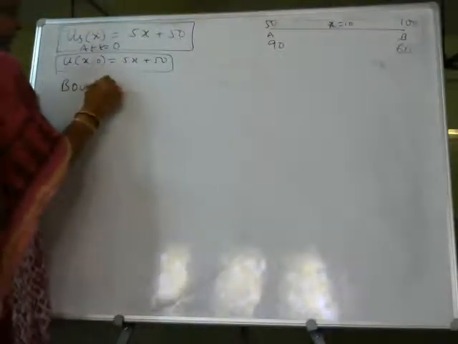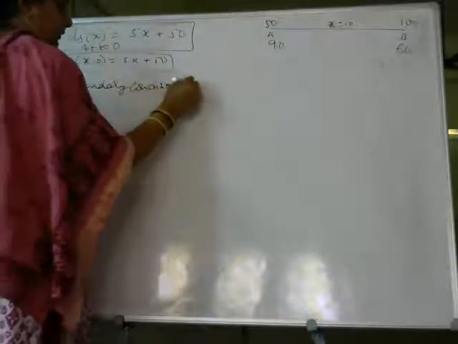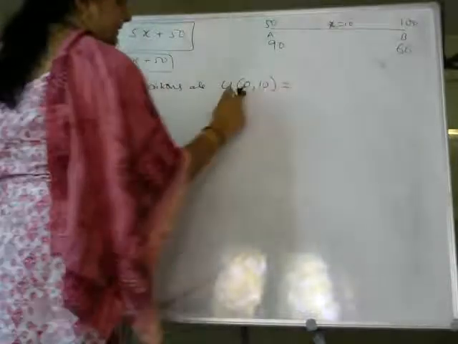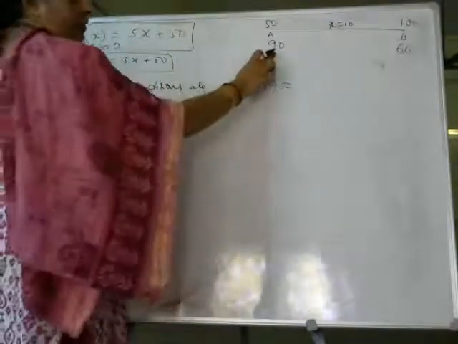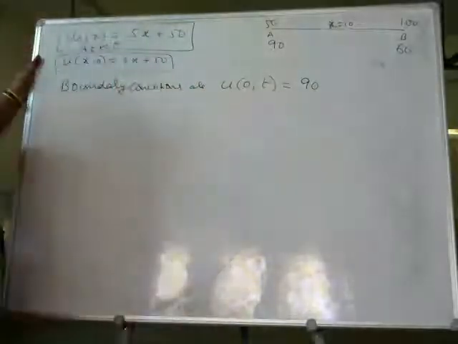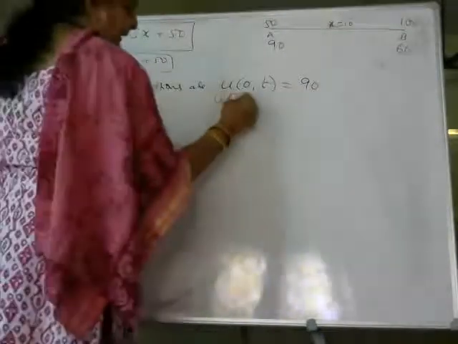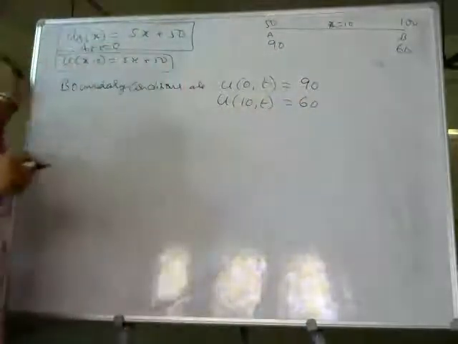What are the boundary conditions we have here? The boundary conditions are: u at 0 comma t, means at x is equal to 0, what is the changed temperature we have here? 90. Similarly, at x is equal to 10, the temperature is 60. This is the original given.